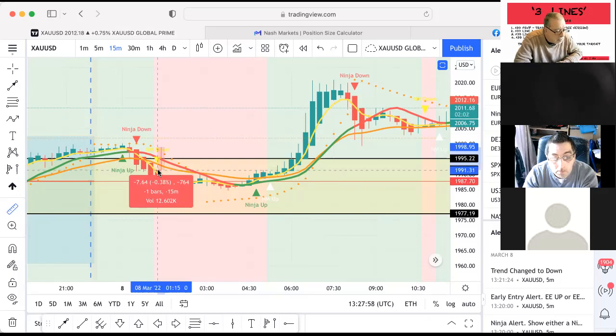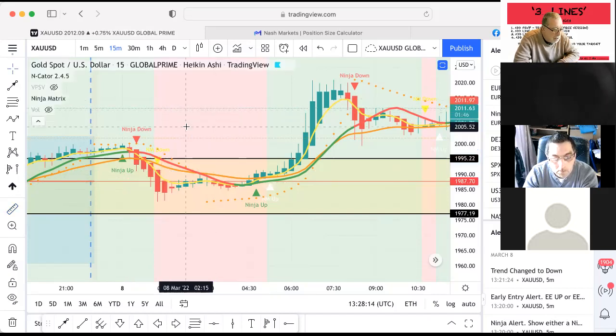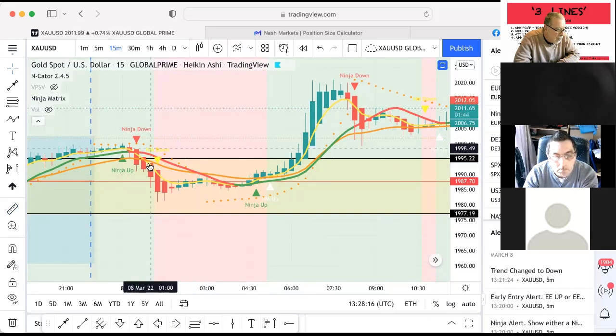You're looking at 76. So if you talk about risk to reward, there's 76 pips risk and maybe 35 pips reward. So that might be a little bit dodgy, but if you're just scalping a few pips, this trade here is a fairly safe trade.